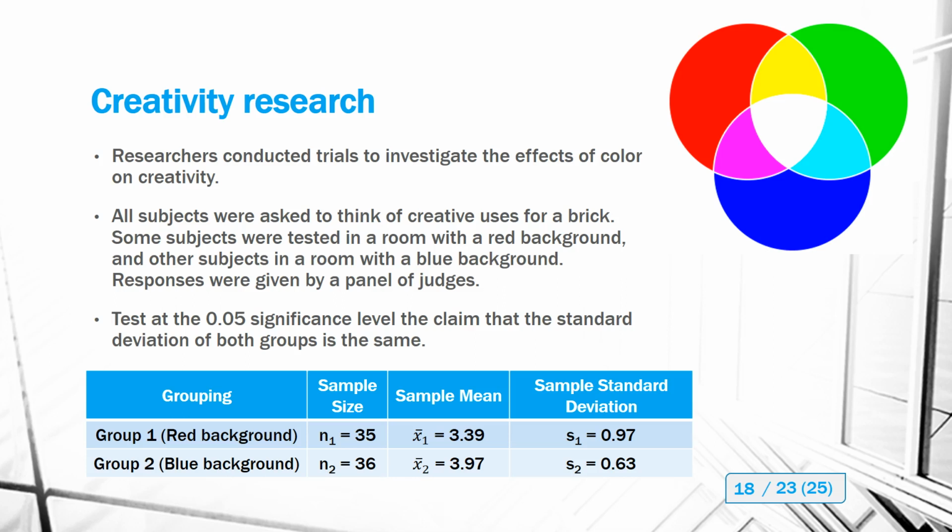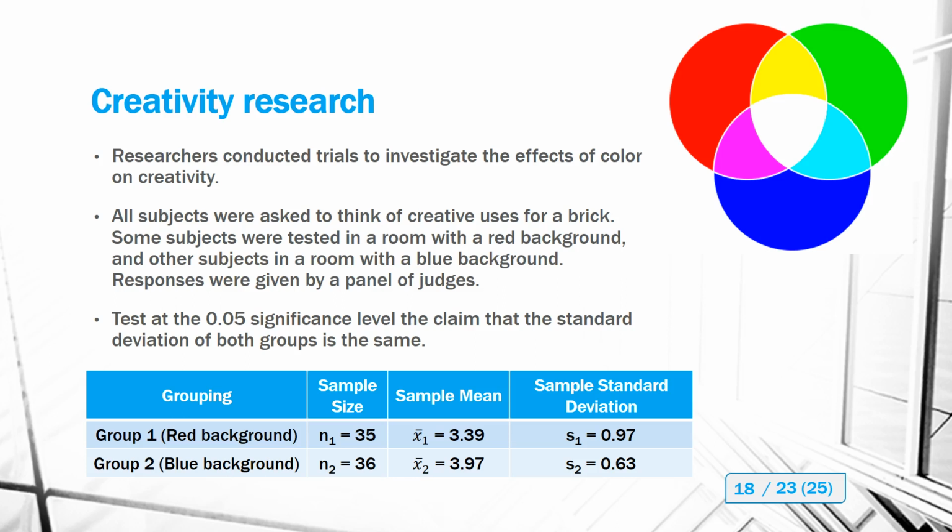We saw previously that there was a significant difference between the mean number of creative ideas that people in the blue room developed versus people in the red room. In fact, the blue room actually enhanced creativity, which was the claim, because its average number of creative ideas produced was higher than those tested in the other room.